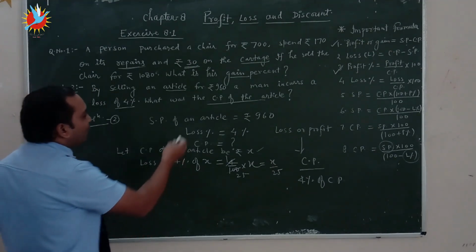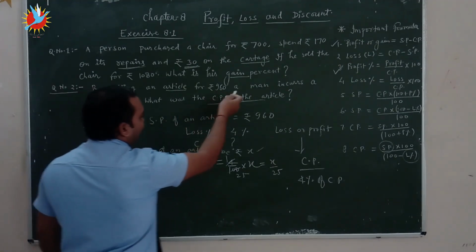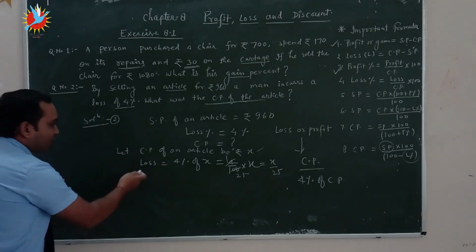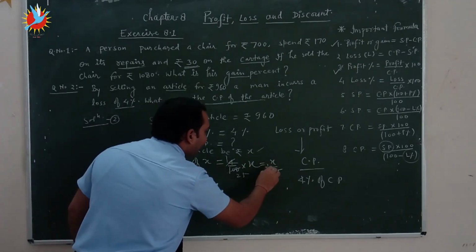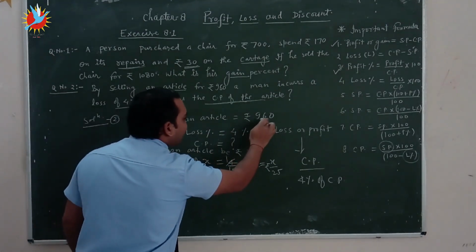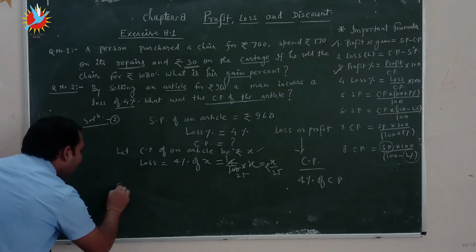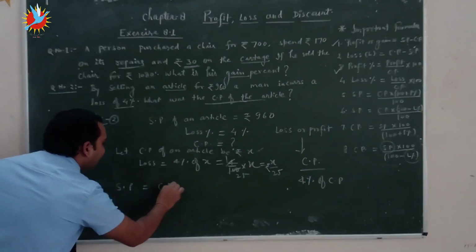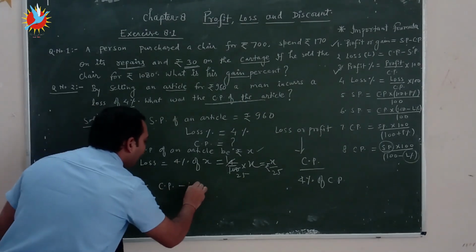We want to calculate the value of X, that is CP. So loss is X by 25 rupees and selling price is rupees 960. Selling price is equal to cost price minus loss.